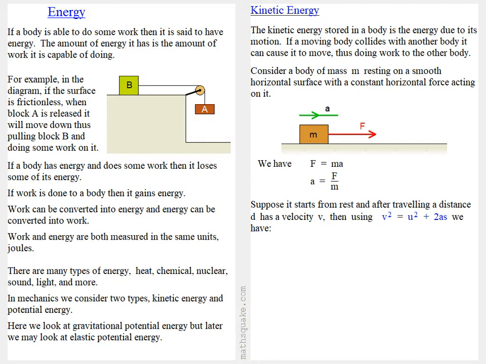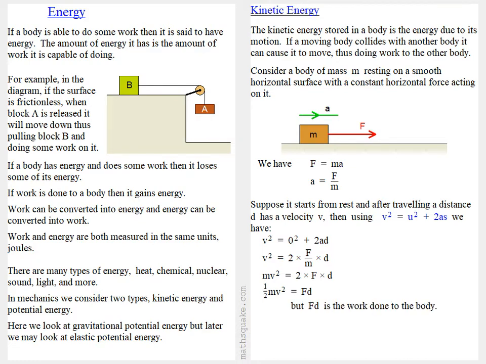Then, using the equation v squared equals u squared plus 2as, we have, to start with, u is 0, so v squared equals 0 squared plus 2ad. But a is equal to F over m, so we could write v squared equals 2 times F over m times d. In other words, mv squared is 2 times F times d, or a half mv squared is equal to Fd.